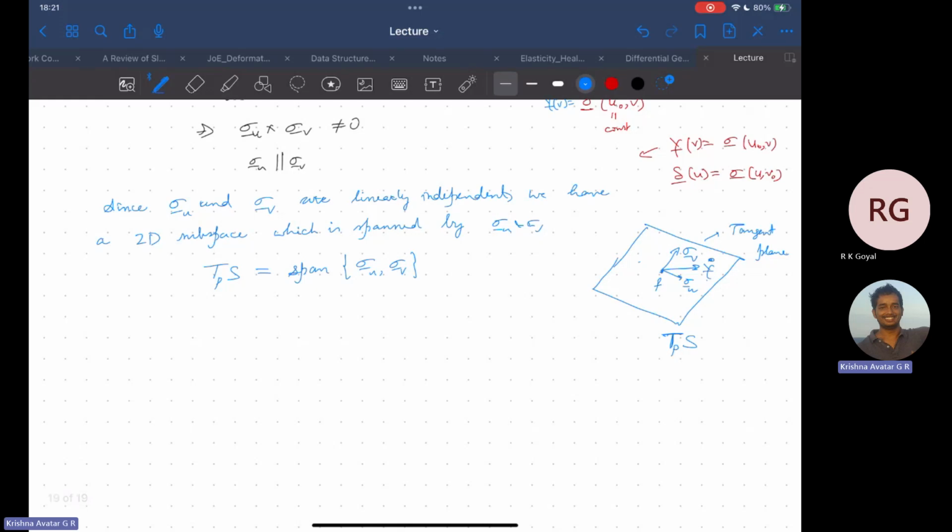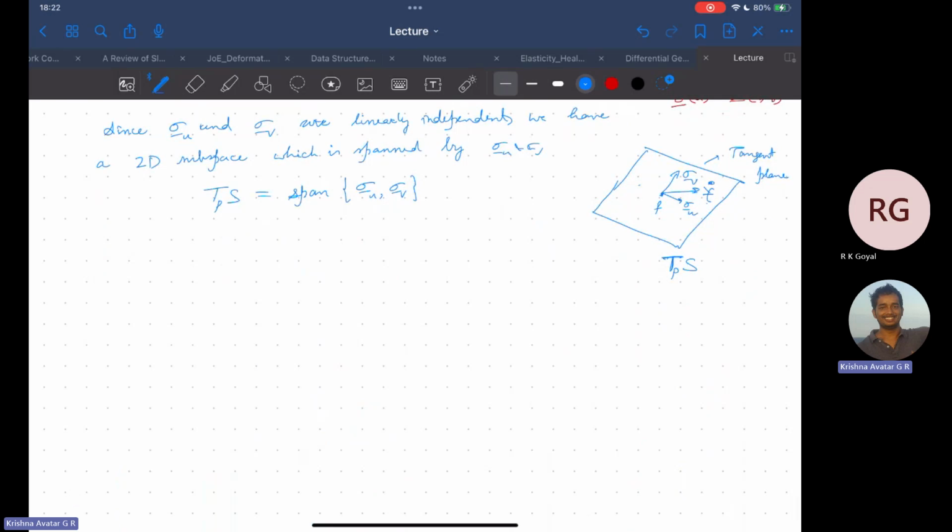Using these ideas, now we can construct a normal to the plane, since sigma u and sigma v are linearly independent. Any plane is characterized by a normal to the plane. So the normal to T_P S is n vector equal to sigma u cross sigma v divided by the norm of the same thing.